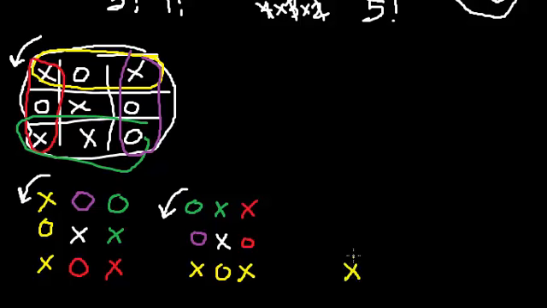Alright, let's try another one again and see what that leads us. The bottom goes to the side, the right side goes to the top, the top goes to the left side, the left side goes to the bottom, and obviously the center stays in the center again.